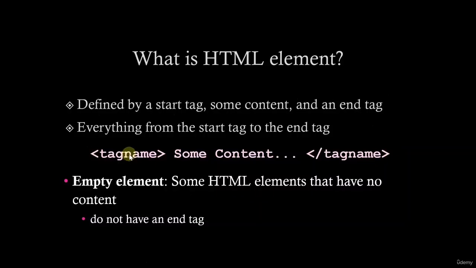When I say tag, I mean just these. When I say tag, I mean just this tag name. But when I say element, it means this whole part: the starting tag, content, and the ending tag.